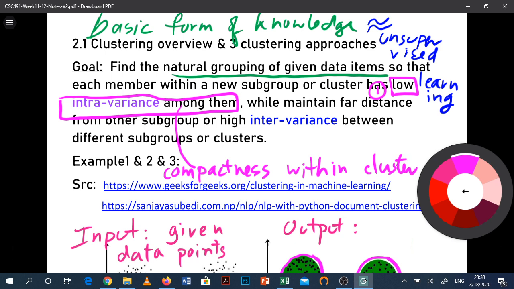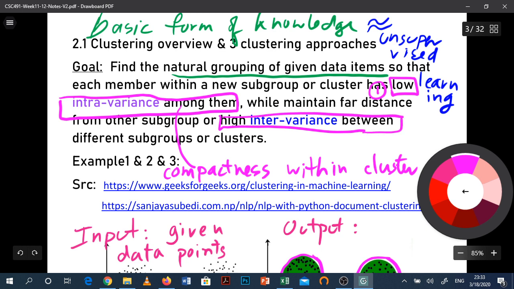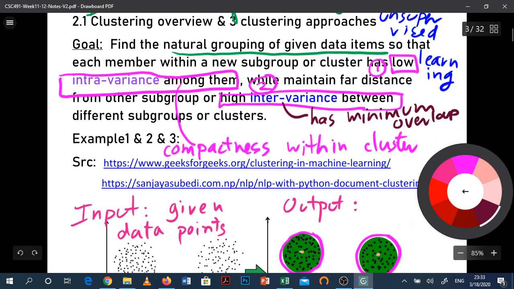The second property that we need for the goodness of a clustering result is high inter-variance between clusters. This ensures that it has minimum overlap, which means the clustering result has no confusion.